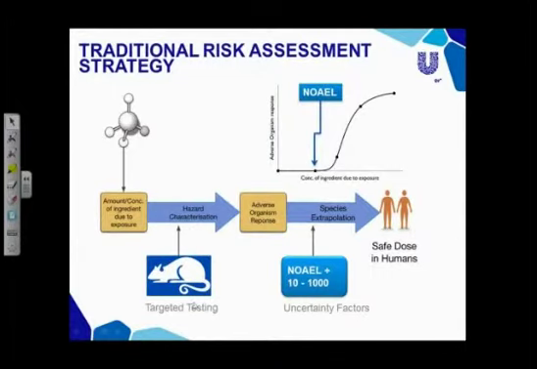But whether that's a 90-day study for systemic tox in rodents, or a developmental tox, or reproductive tox, or carcinogenicity testing, essentially you're treating largely rodents at high doses, maximum tolerated doses, and seeing what happens in those animals.